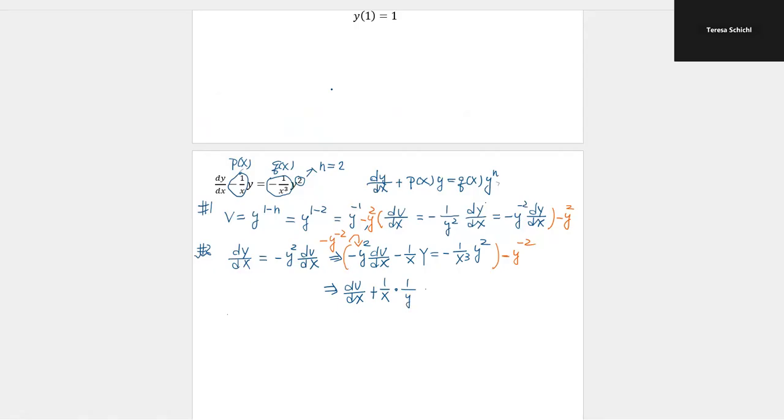And then from my right hand side, because this is negative, negative, so this is a positive. So my x cubed is still here, and the y squared and the y to the negative 2 become what? It's cancelled. So it's 1 over x here. And then take a look here. So 1 over y.